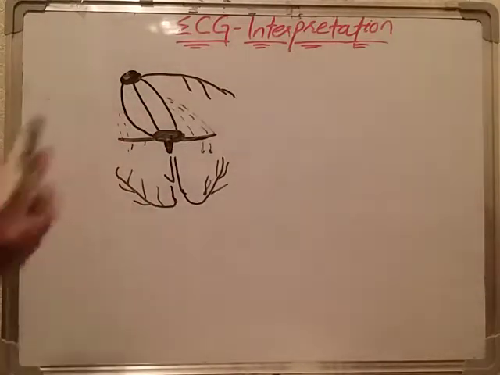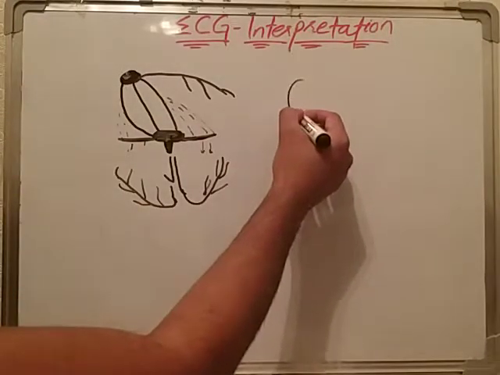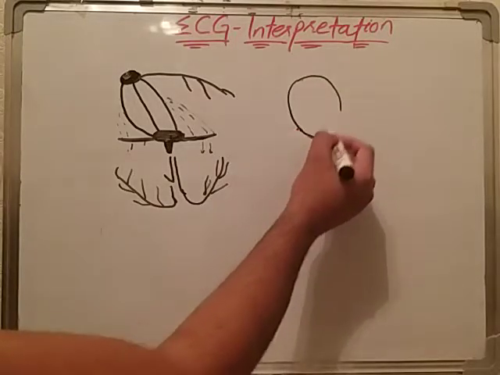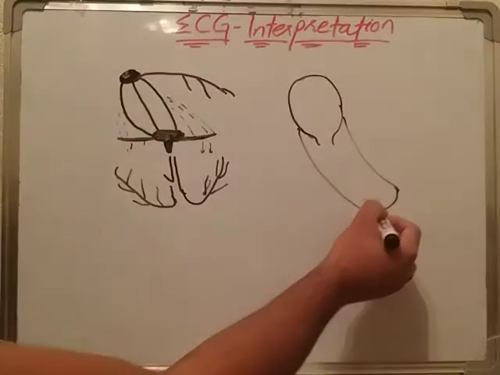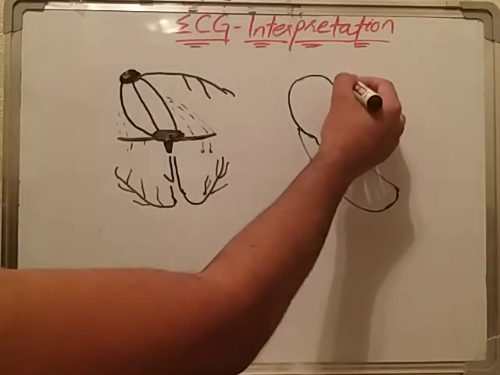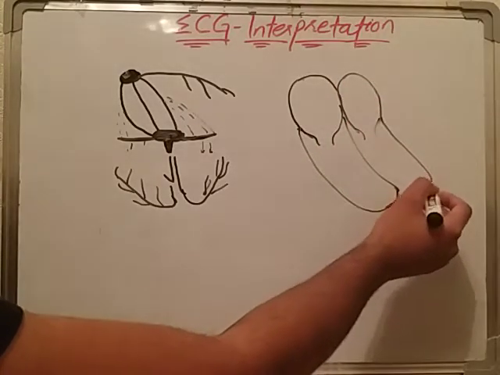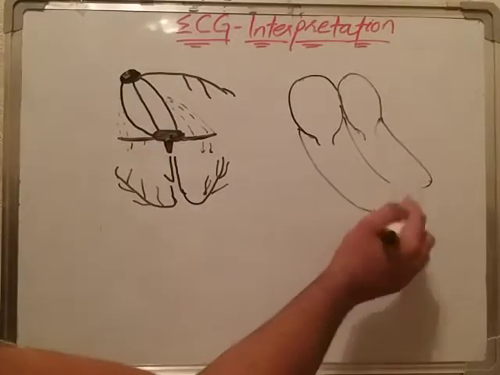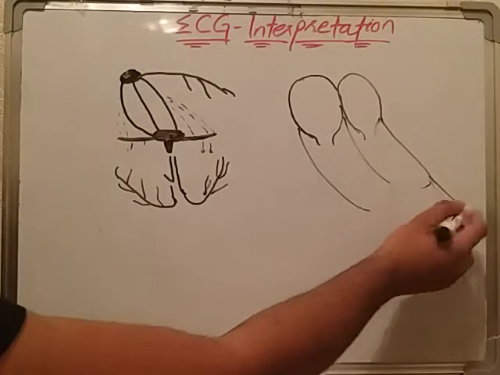So this is the conduction pathway, and after this, for example, this is your heart, that is the ventricles. My diagram is not so beautiful.